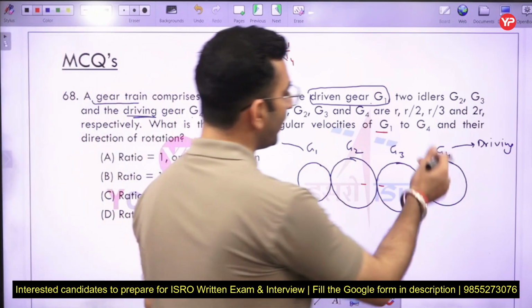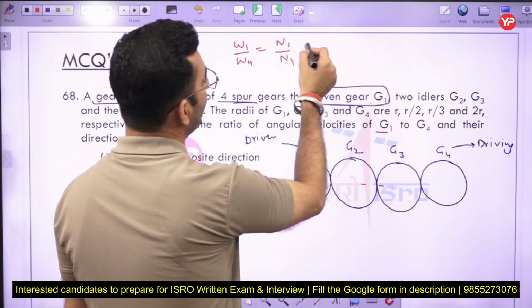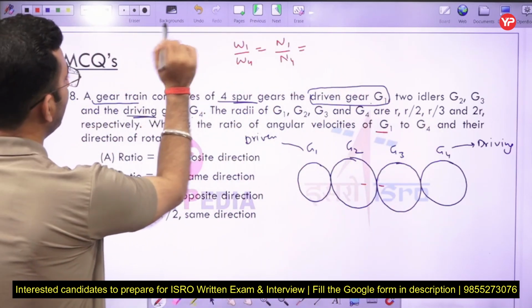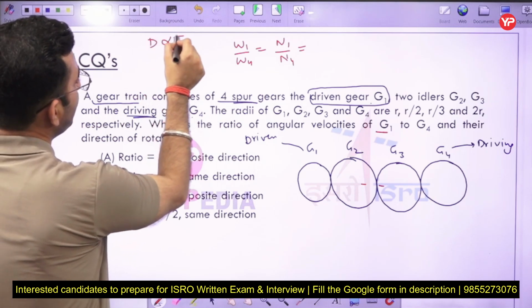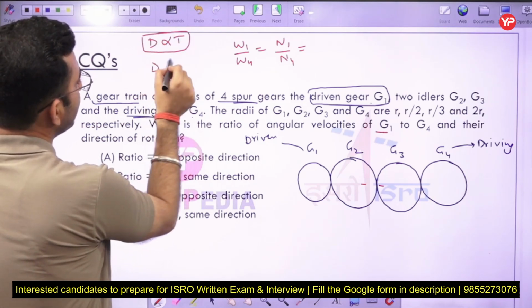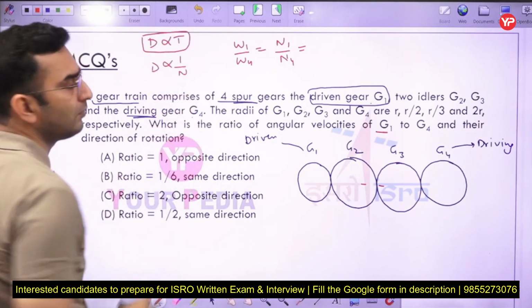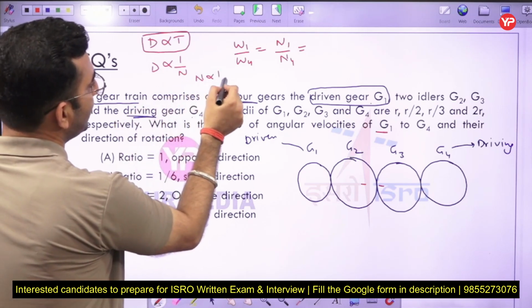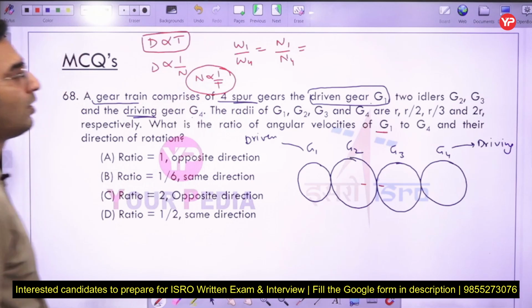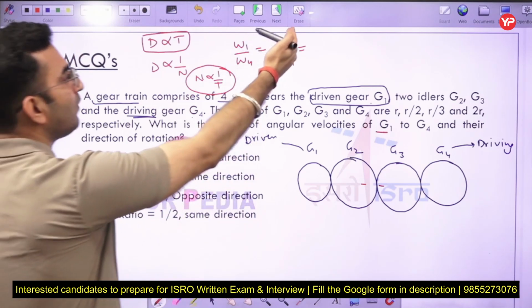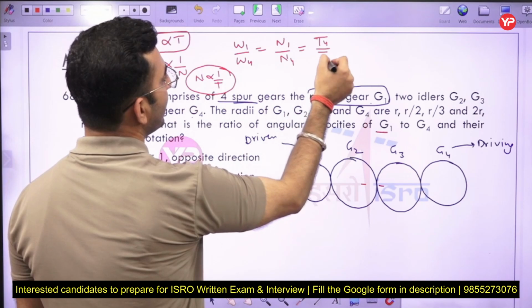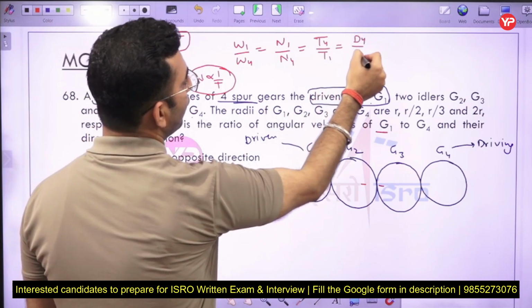So here, n1 by n4. First of all, you have to remember D is directly proportional to T, D is inversely proportional to N, and correspondingly N is inversely proportional to T. So I can directly write N1 by N4 is equal to T4 by T1, which can be written as D4 by D1.